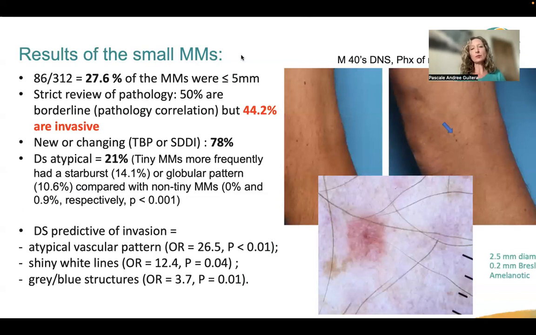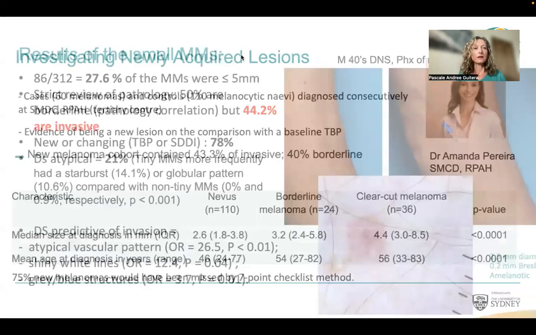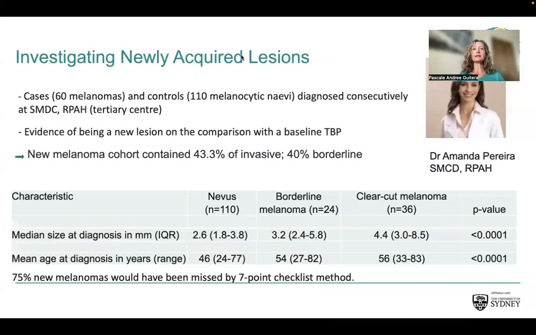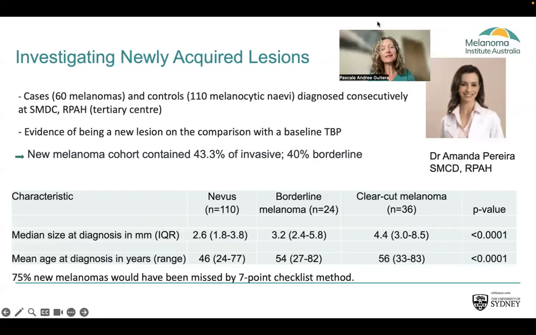We know that gray and blue mean the melanin is deep, and of course, we don't always have time to think about this lesion. They may need to be removed urgently. So investigating new acquired lesions was a normal next question. We wanted to know if they were the same as the small melanoma, and also to compare with a control cohort of melanocytic nevi.